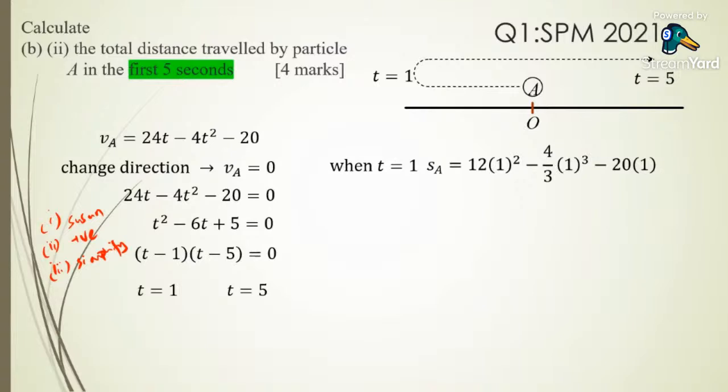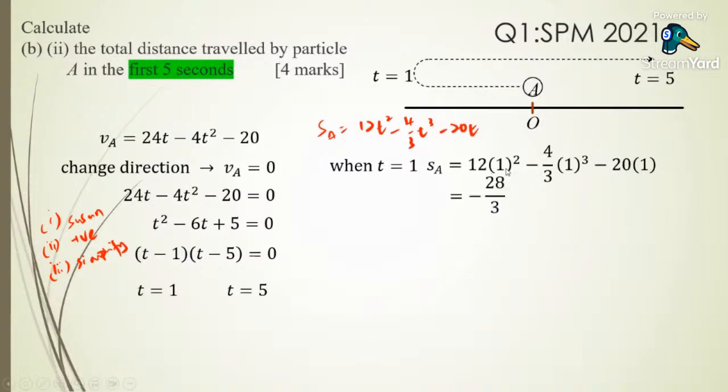So function displacement is SA equals to 12t square minus 4/3 t cube minus 20t. Ini function for displacement of A. So kita substitute sajalah. Macam saya cakap tadi, make sure you show the substitution. Tulis, jangan terus kira.